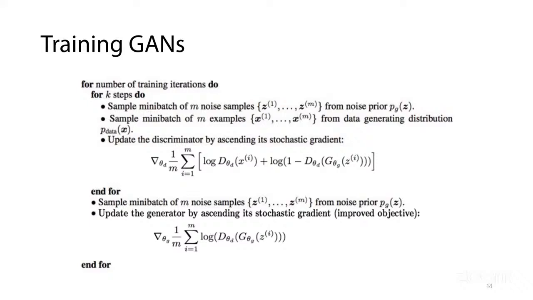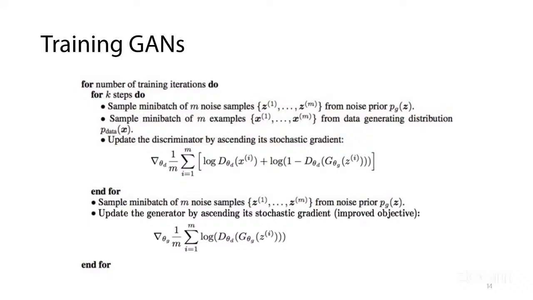Now, on the specifics of different parts, usually what happens is we start from a random set of samples for the noise, Z, and those random noise Z serve as a seed for the generator.